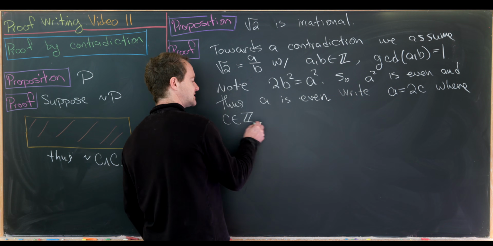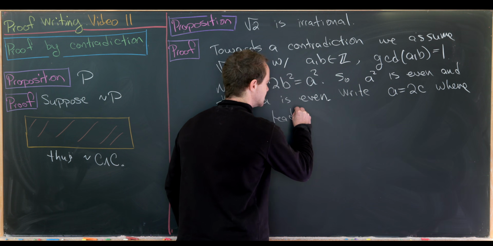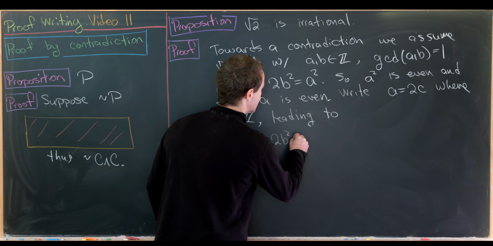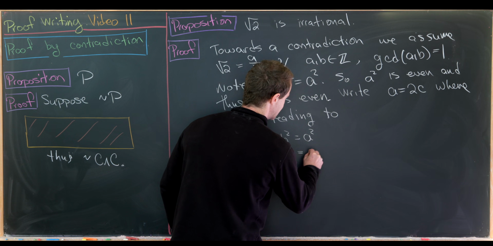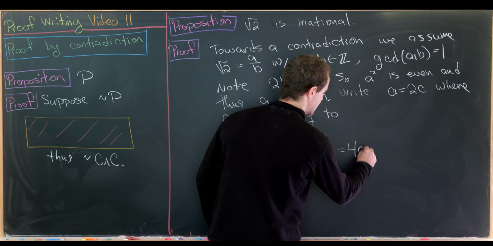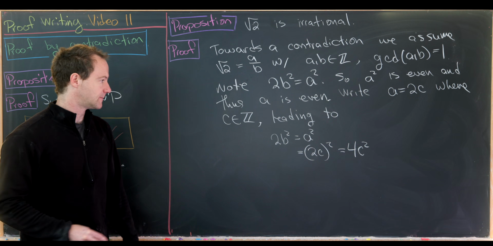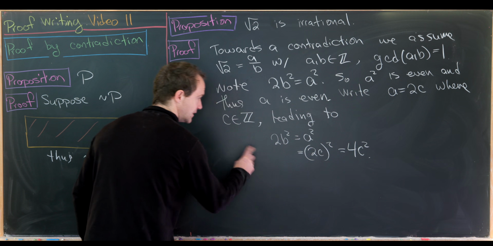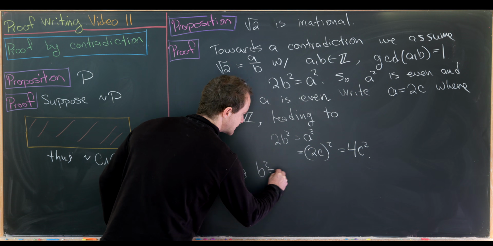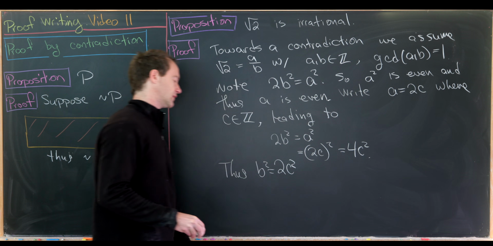So maybe I'll extend this sentence and say, leading to 2b squared equals a squared, but that's equal to 2 times c, quantity squared, but that's equal to 4 times c squared. But notice that we can divide both sides by 2, and that leaves us with b squared is equal to 2c squared.